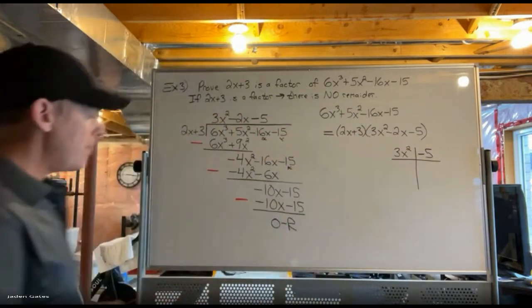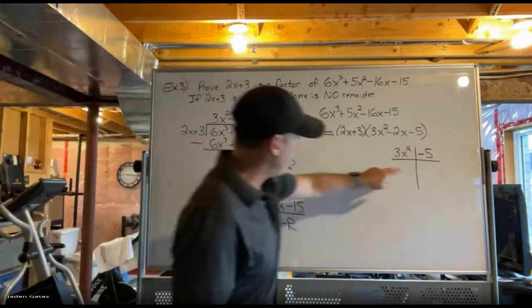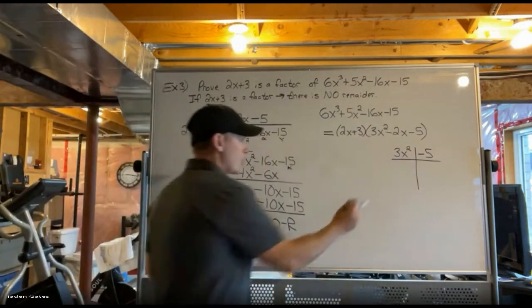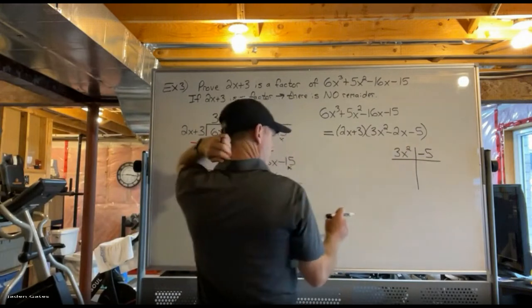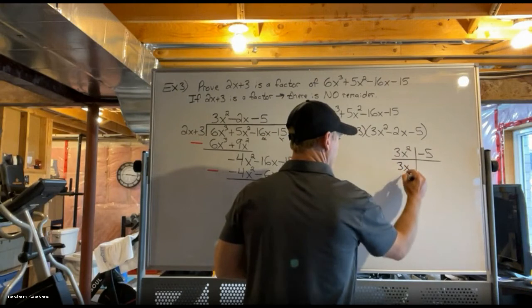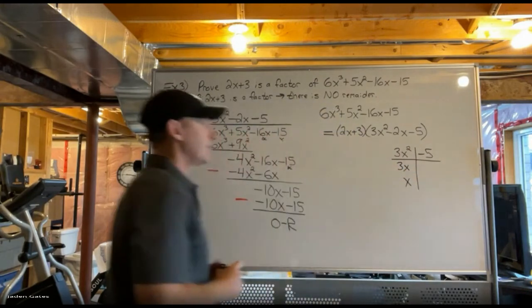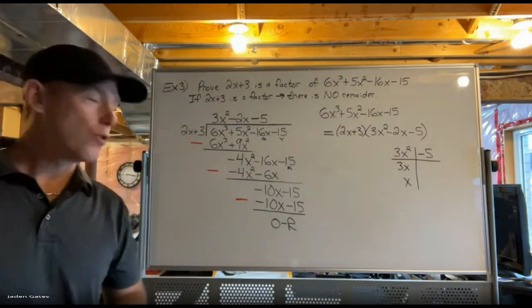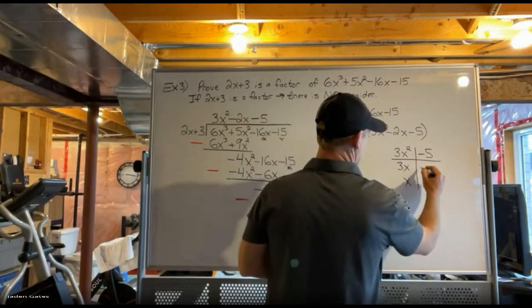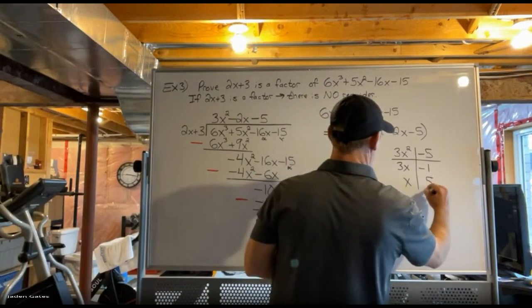And there's 1, 2, 3, 4 spots here that I have to fill out. I have to find two terms that multiply to give me 3x squared. And I'm going to go with 3x and an x. And then I have to come up with two numbers that multiply to give me negative 5. And I'm going to go with negative 1 and 5.